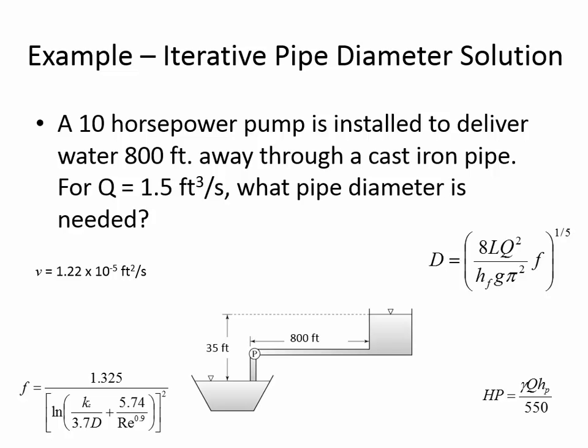P1 divided by gamma plus Z1 plus V1 squared divided by 2g plus h_p. A lot of the time when we're writing the energy equation, we don't write the pump head term because there's no pump. In this case, there is a pump, and it goes on the left-hand side of the equation. Is equal to P2 divided by gamma plus Z2 plus V2 squared divided by 2g plus h_f.